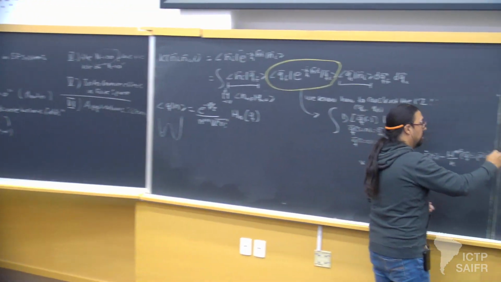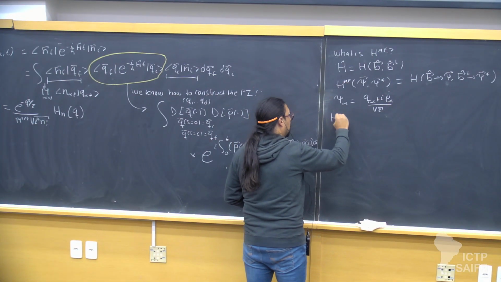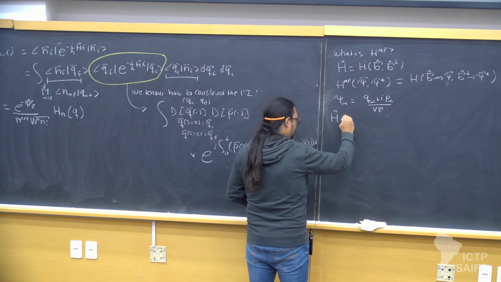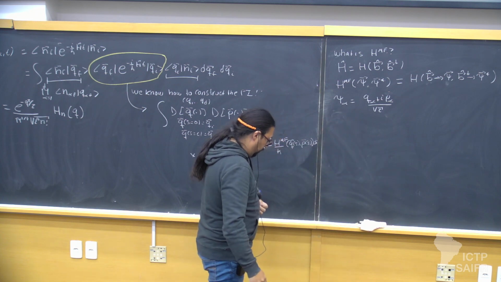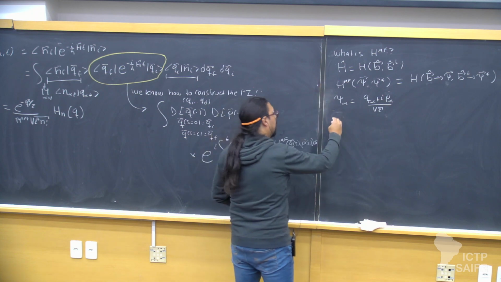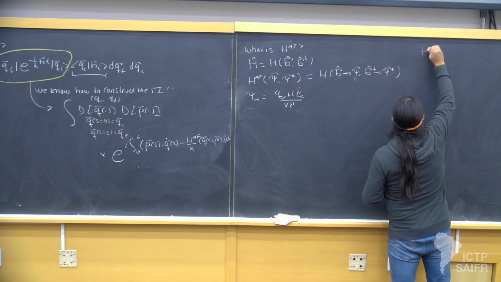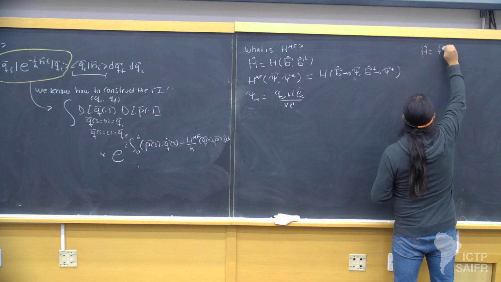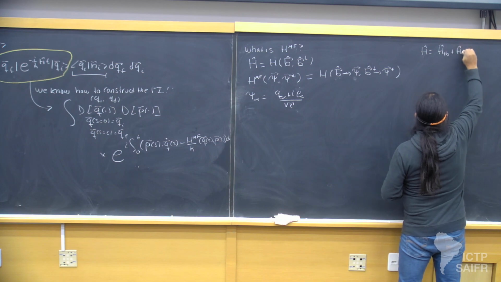So for example, the single particle part of the Hamiltonian, for the Hamiltonian that I wrote, remember, H was the one body part plus the two body part.